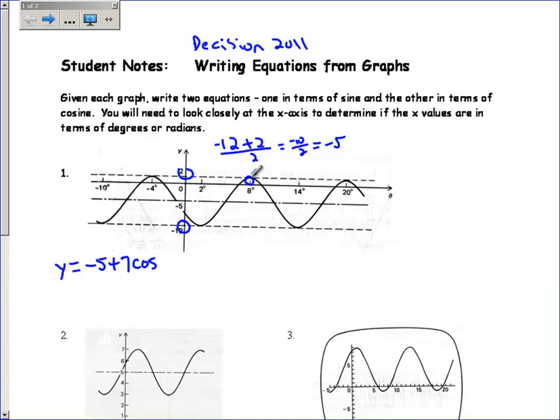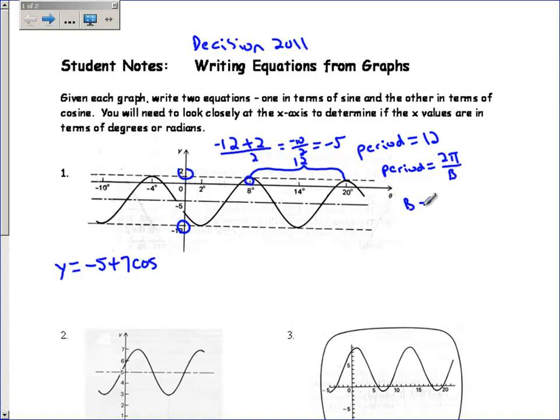Now the period of this graph is the distance from peak to peak, and that is a distance of 12. Now that's not the number that I put right here. That's the period of this graph. This period is equal to 12. So the number that we put after the cosine, if you remember, we do period equals 2 pi divided by b.